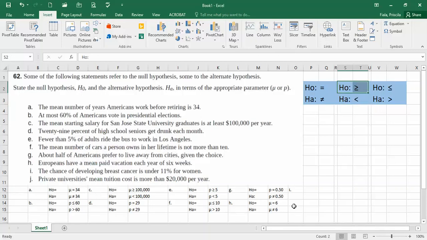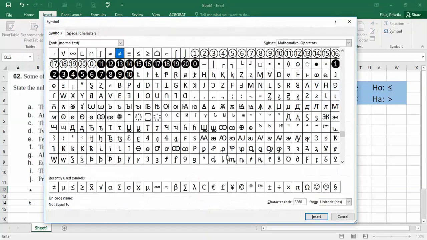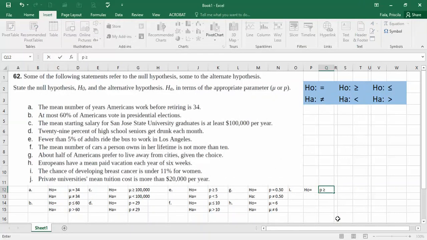Your null hypothesis is going to be greater than or equal to, therefore your proportion is greater than or equal to 11%. Your alternative is under, therefore less than 11%.